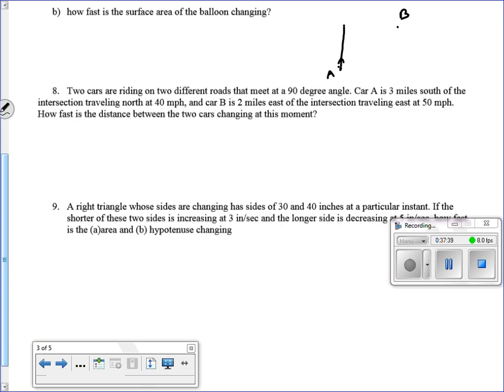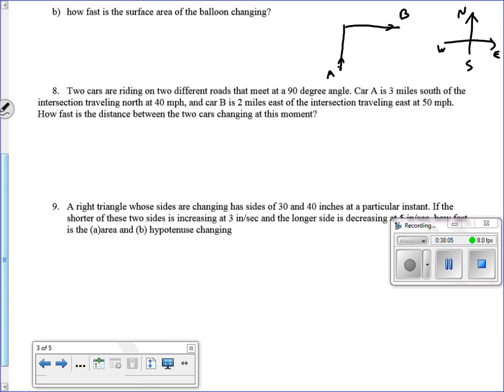Car B is 2 miles east, and it's traveling east, so it's traveling in that direction. All right, I'm just putting this up here for you. We'll make this north, south, east, west. Now, these lengths are changing.